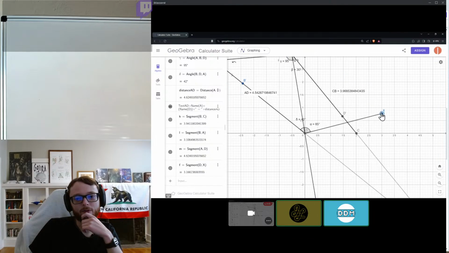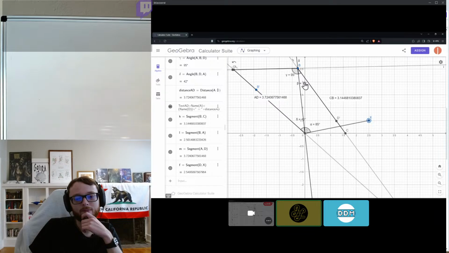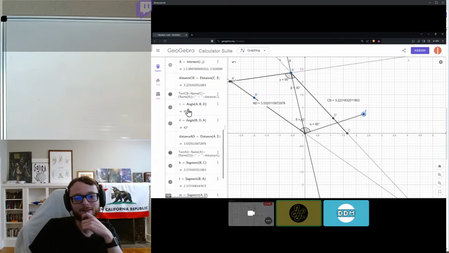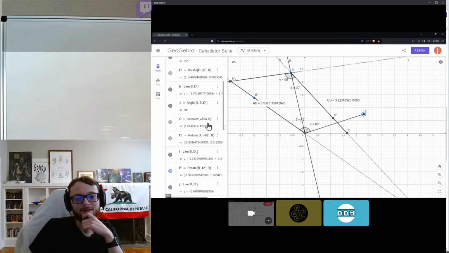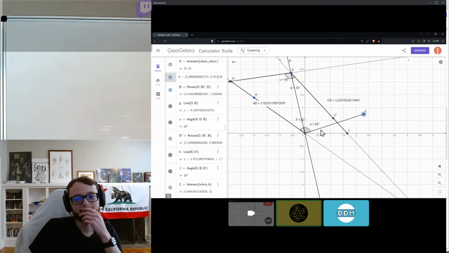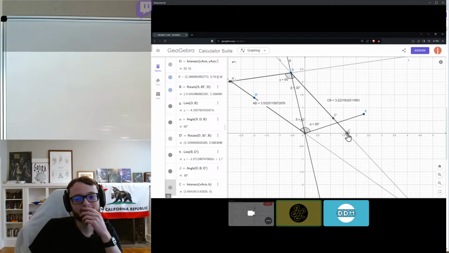The angles are fixed, and no matter how I move this, you can see that this is 85, this is 30, this is 95, and this is 42. But C was out of place. C should be the intersection of the DX line, which is, what is this line? I put that on last, F. So let me get rid of C here.